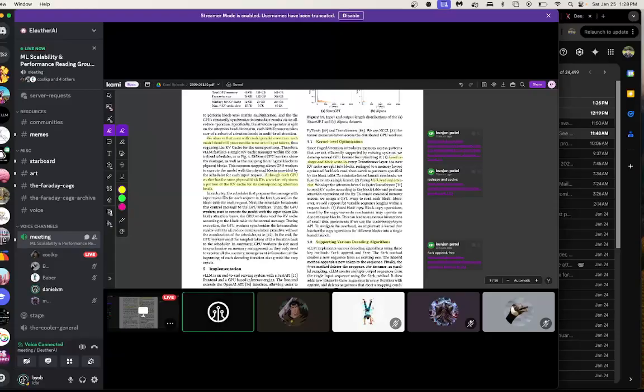Then we perform one iteration of decoding, and then we rotate the KV blocks, and I'm just wondering if there'd be any benefit at all.